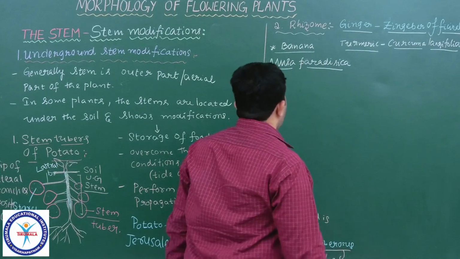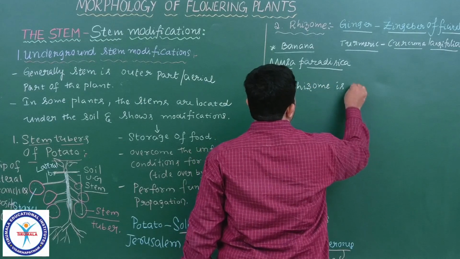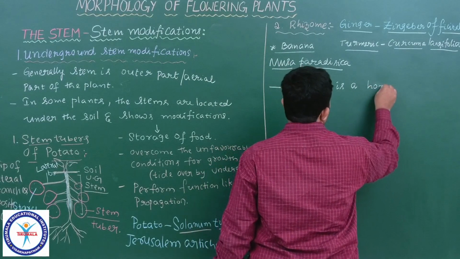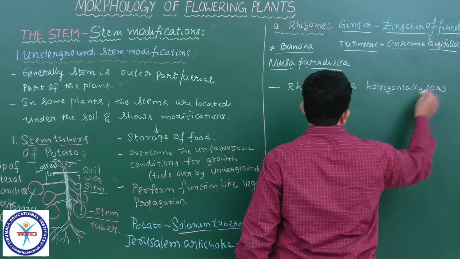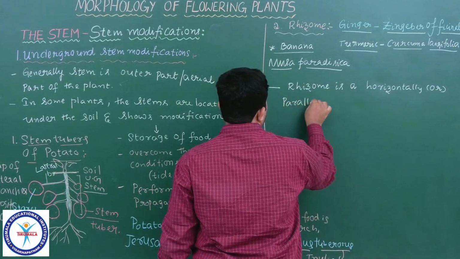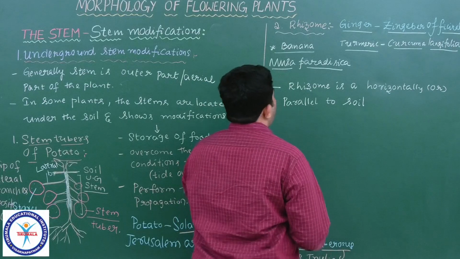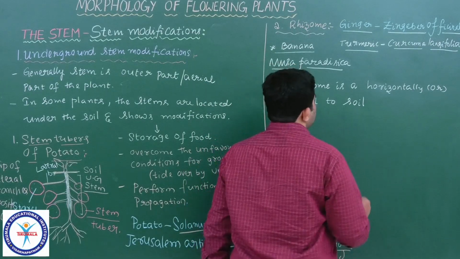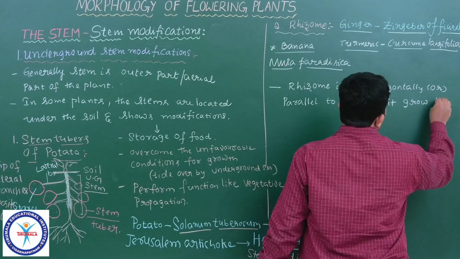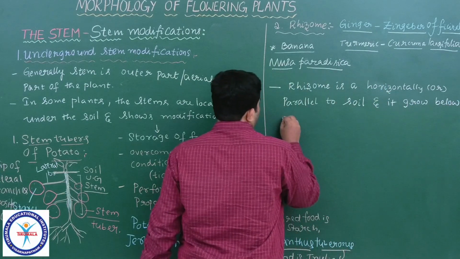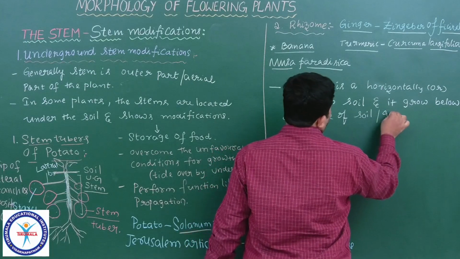So what is rhizome? Coming to the point. Rhizome is a stem that grows horizontally, parallel to the soil, and it grows below the surface of the soil or ground.